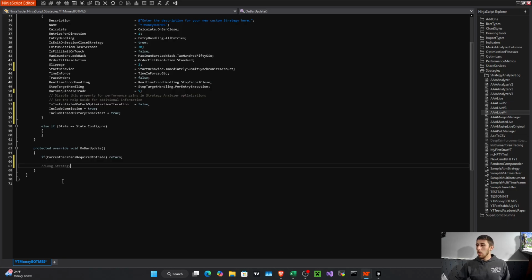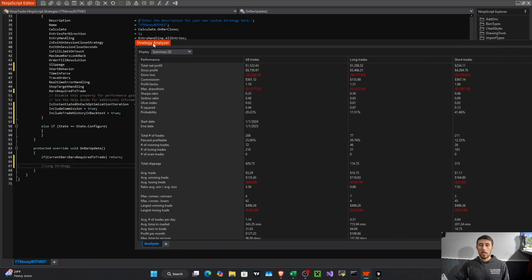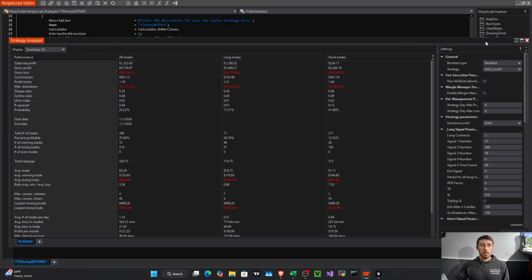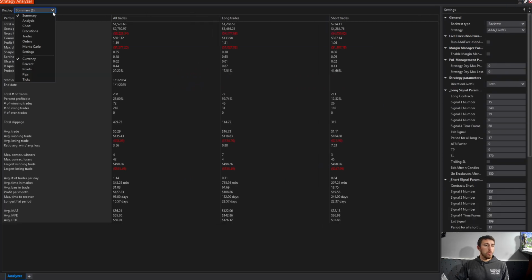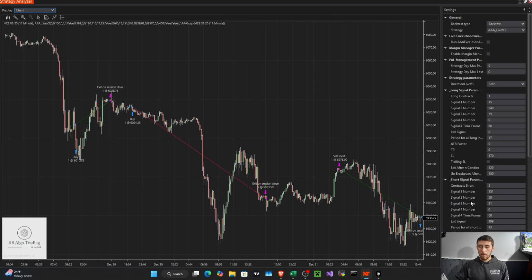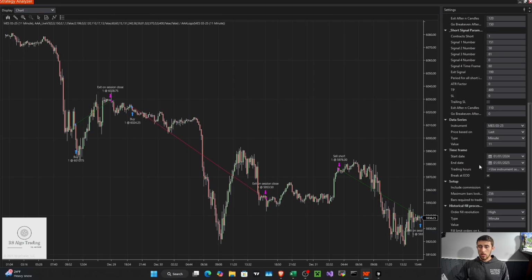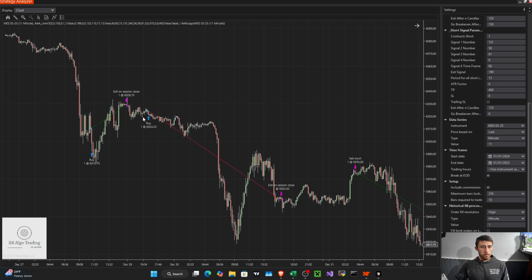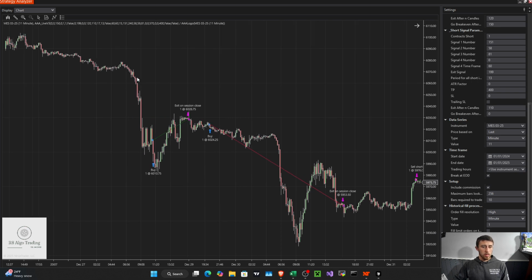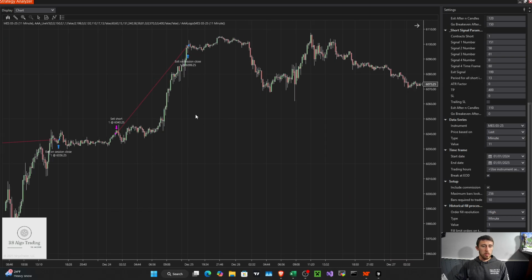Also, this is a mean reversion strategy, so it's not going to use a TP and stop loss as much as other ones are. So as you can tell from the chart, as price comes up, we're shorting. As it's somewhat coming down, we're buying. Came down, we bought.